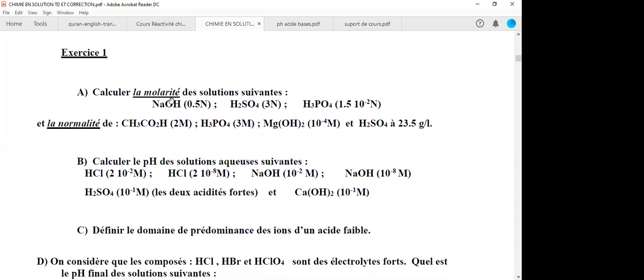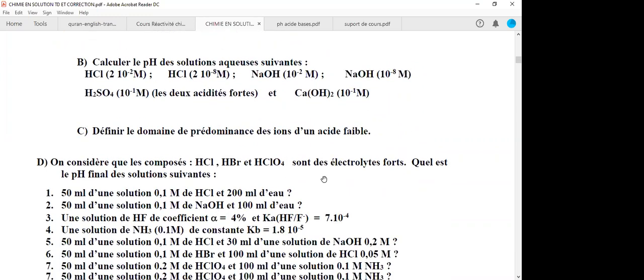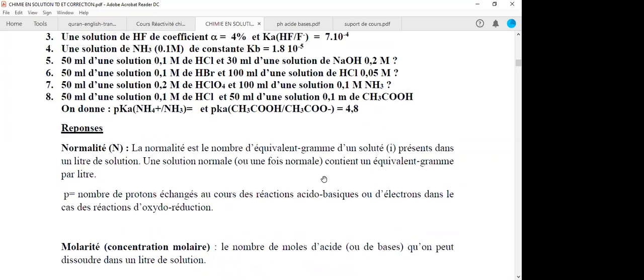So we've been given a solution, sodium hydroxide 0.5 N. You have been given this number N. From the definition of normalité: la normalité est le nombre d'équivalents grammes présent dans un litre de solution.